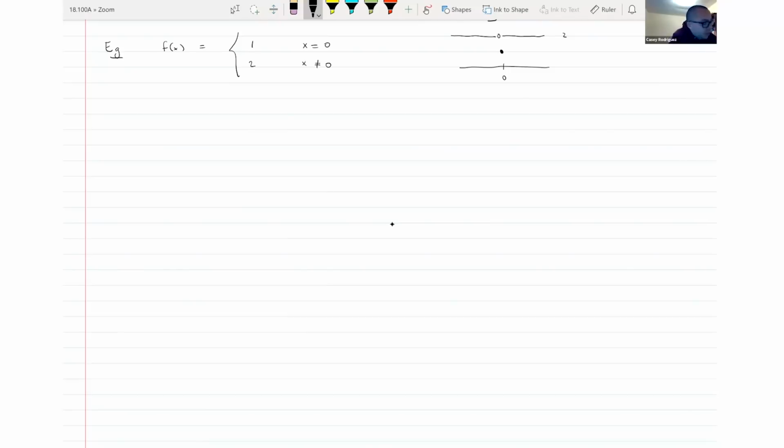All right. And I claim that the limit as x goes to 0 of f of x equals 2. And the thing to note is that this limit does not equal f of 0, which it did for the previous two cases, right?